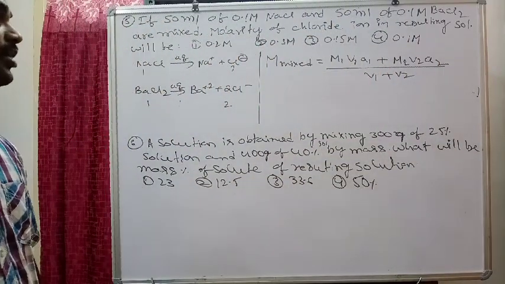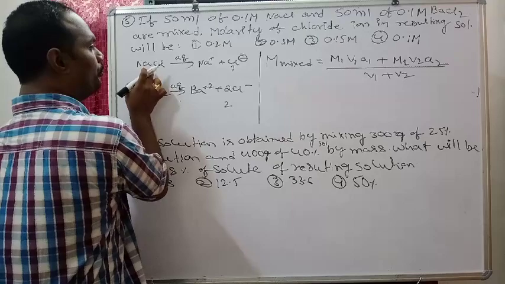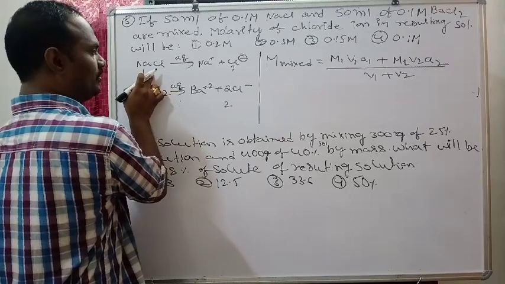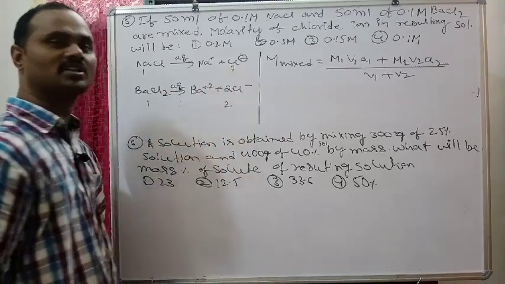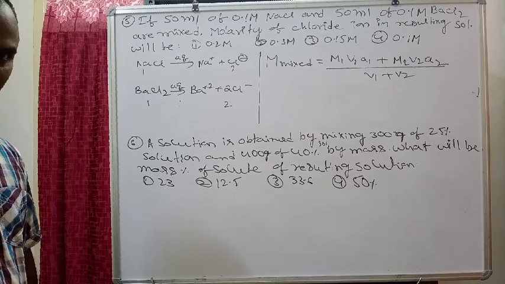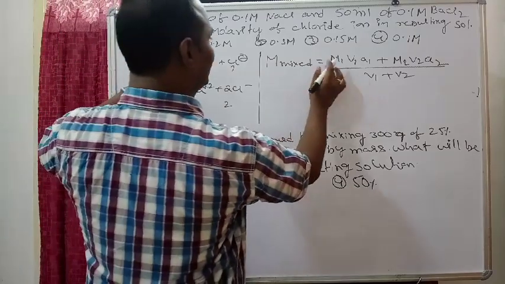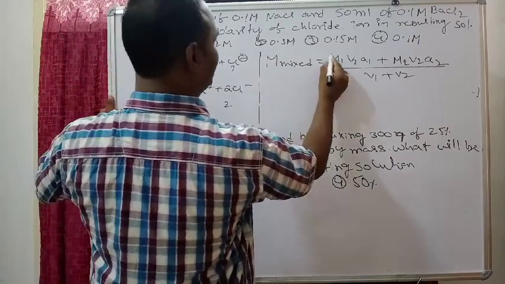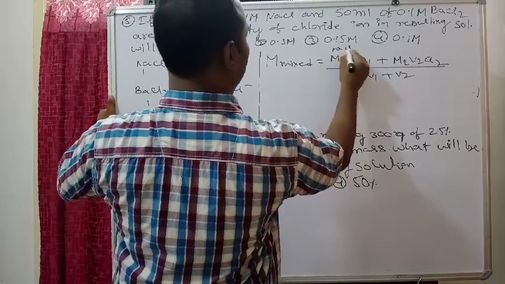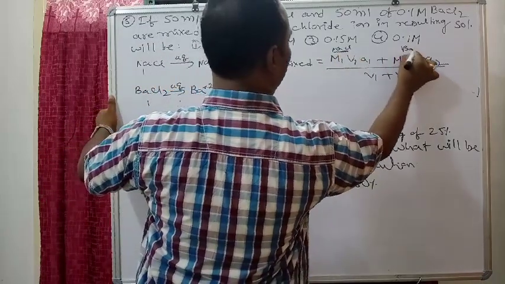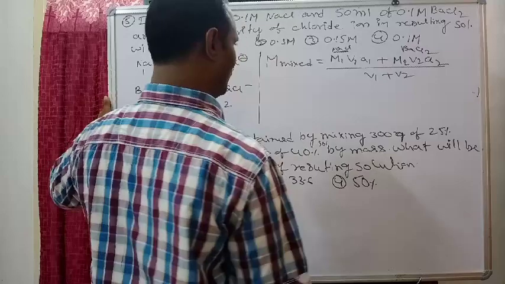Sir, it is ion concentration, not solution concentration. What are A1 and A2? In solution, per 1 mole, how many ions are produced? Here in the first case, these values belong to NaCl, and these belong to BaCl2.